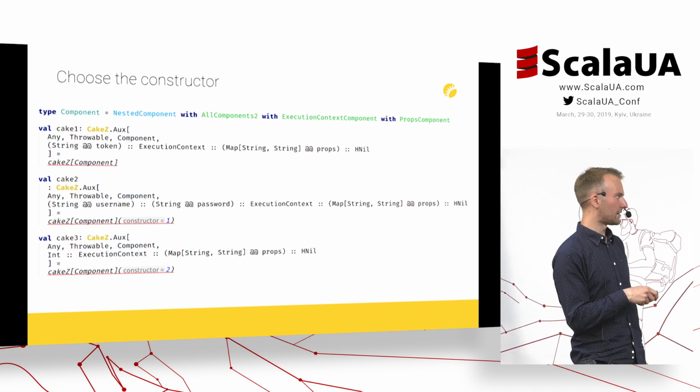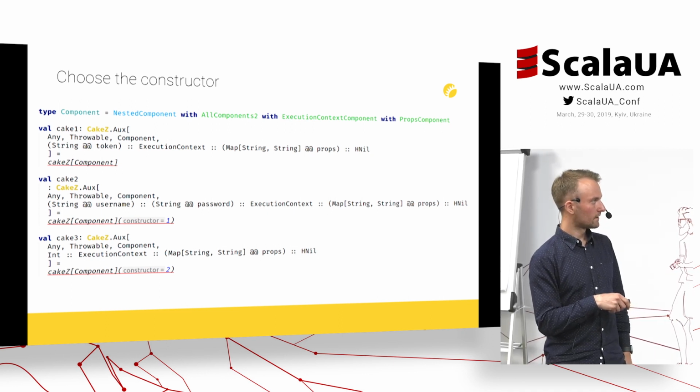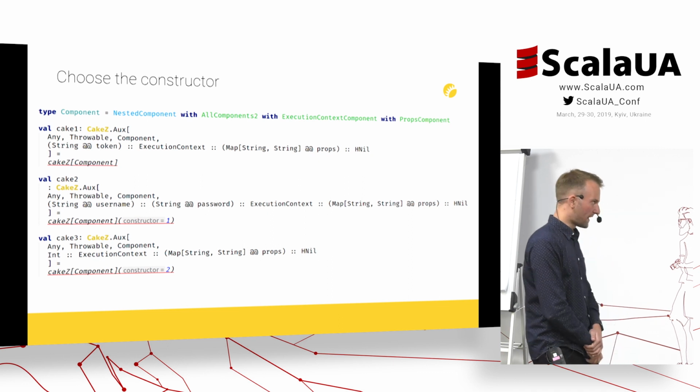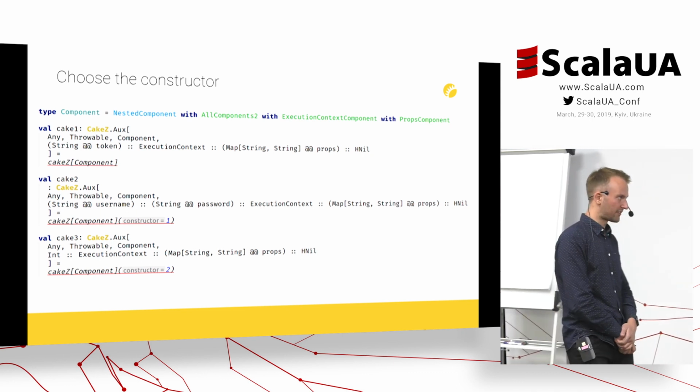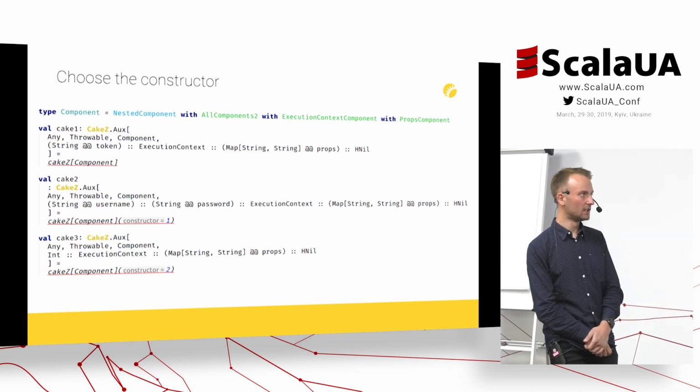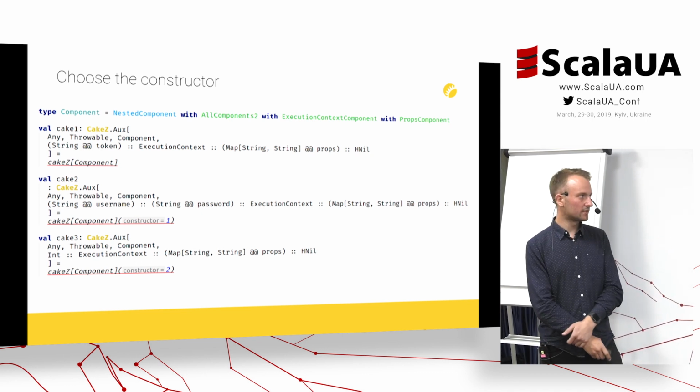By default it takes the primary constructor, number 0. If you pass number 1, it will take the second constructor with username and password. When you pass 2, it will pick up the constructor and its dependency type with integer. If you pass 3, it won't compile. Or if you don't pass a literal integer, it also won't compile. It is some kind of dependent type implemented using macros.